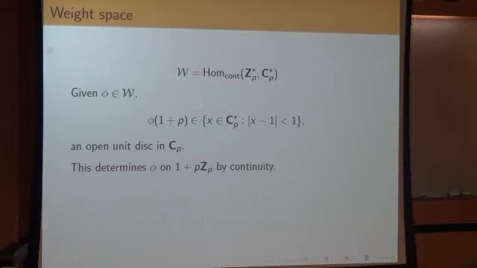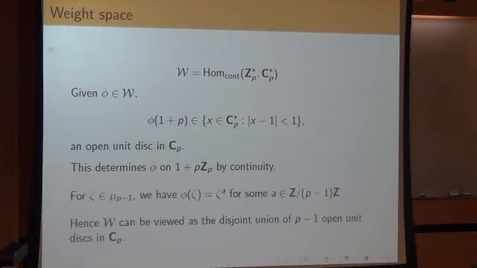So we have this open unit disk in C_p that classifies the possible values of phi of 1 plus p. And once I know phi of 1 plus p, which can be any element in the open unit disk in C_p, how much is left to determine what phi is? Well, Z_p star is generated as a group by 1 plus pZ_p and the roots of unity.